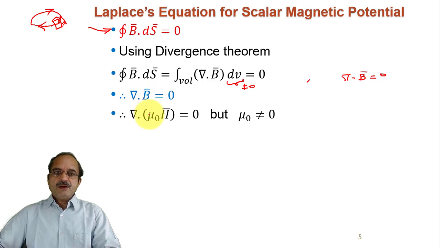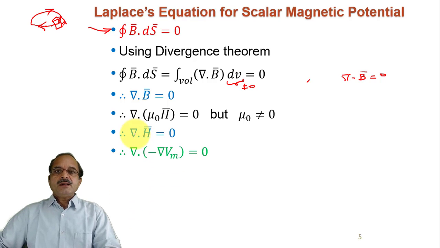Now for this B, we substitute mu 0 H. We know mu 0 is a constant, the permeability, which is a non-zero quantity. So from this we can conclude that divergence of H must be 0, del dot H is 0. Now using the relationship between H and scalar magnetic potential, we substitute this H as minus del Vm here. So this is del dot minus del Vm is equal to 0.